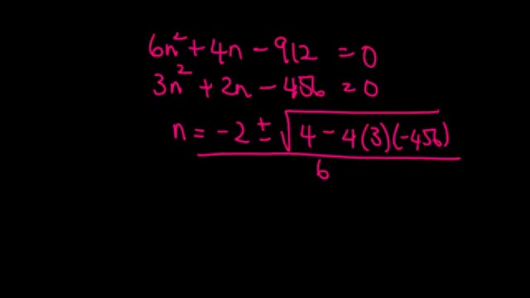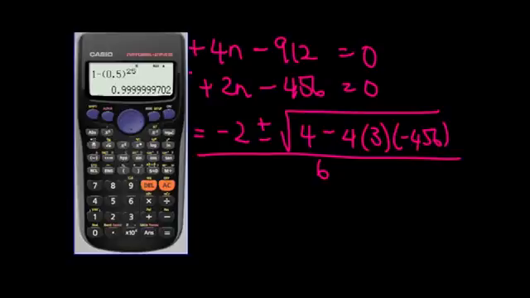Right, in our fabulous little machine, let's get it working. Let's take the square root of 4 plus 12 times 456. What do we get? We get 74.